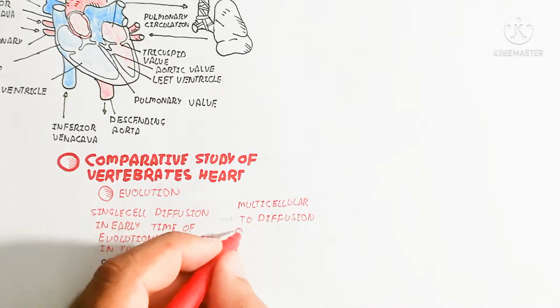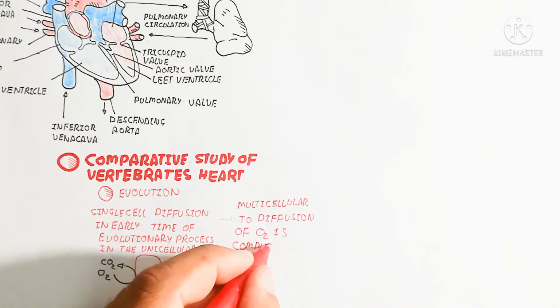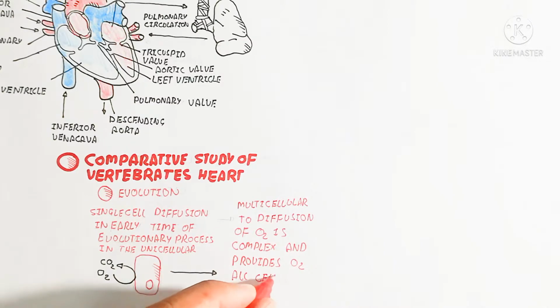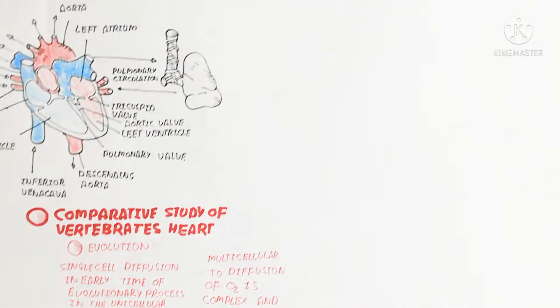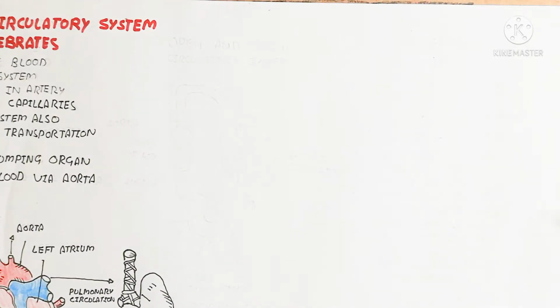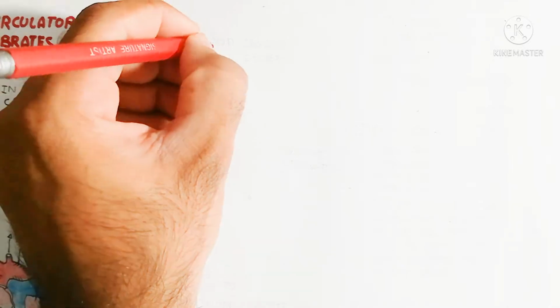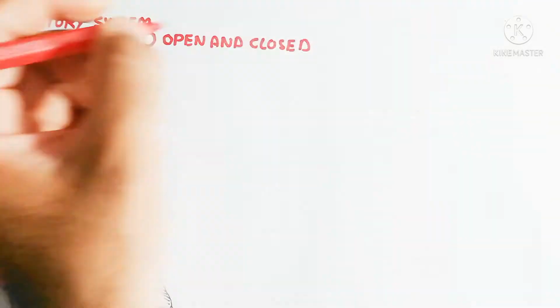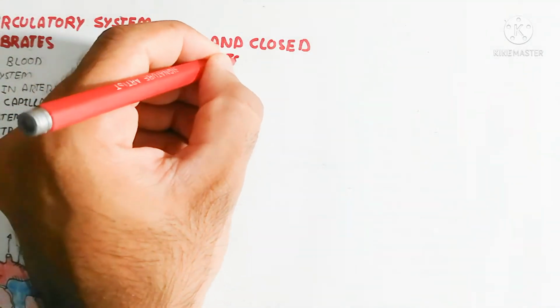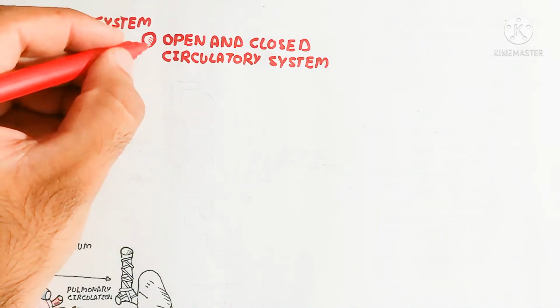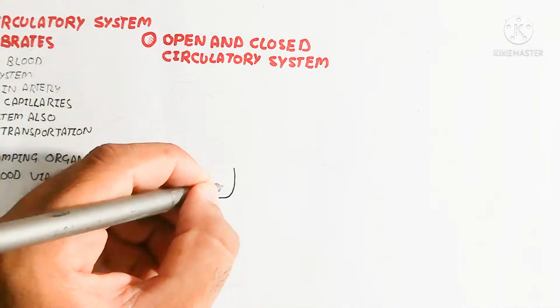It means carbon dioxide and oxygen are diffused and used to produce energy, as in the Krebs cycle. So oxygen is very important and carbon dioxide exhalation is very important. In multicellular organisms, diffusion of oxygen is complex and providing oxygen to all cells is difficult. So that is important: the closed circulatory system evolved.